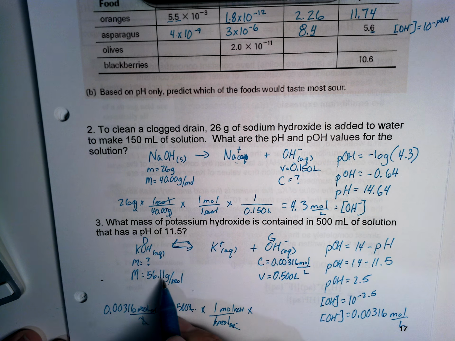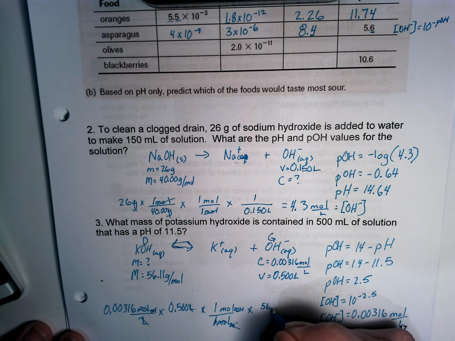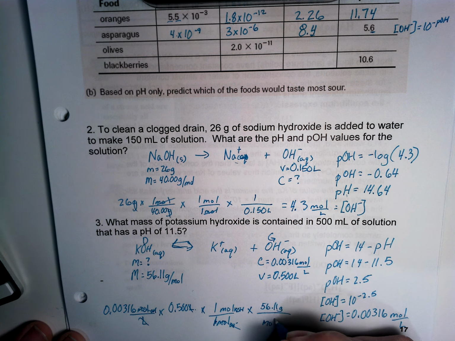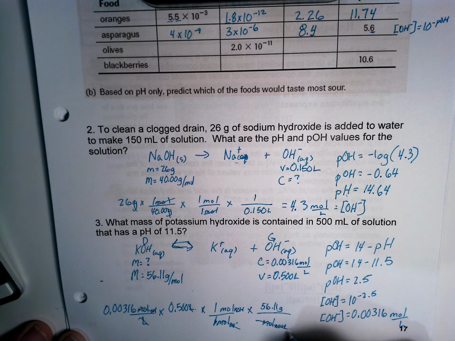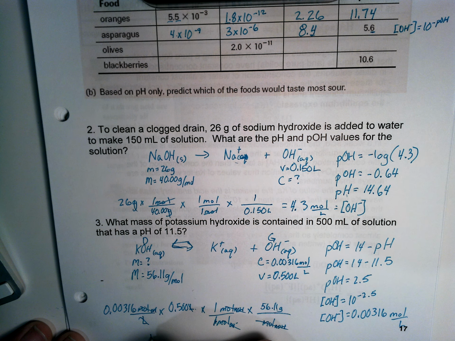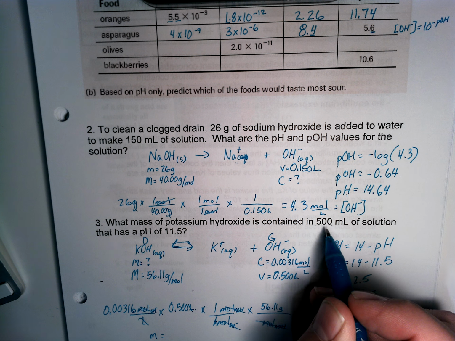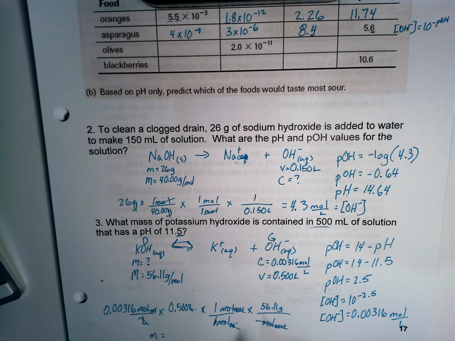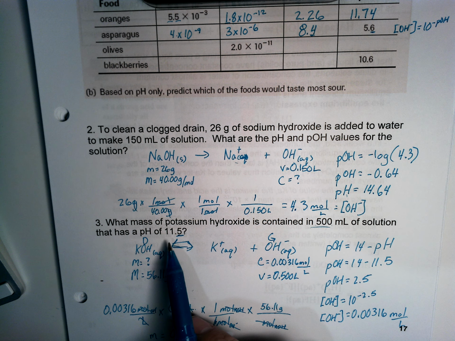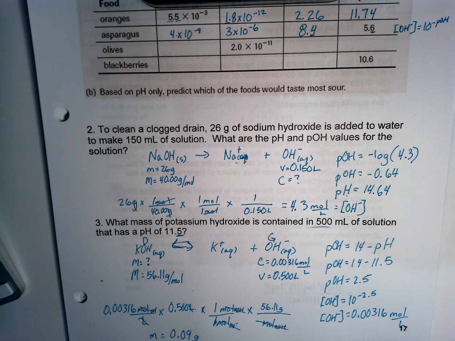Now I want grams, so I times by 56.11 grams over moles of KOH. Solve for this equation. For significant digits, this has 3 but the pH only has 1, so I round to 1: 0.09 grams. That's how much I'd have to add to make a pH of 11.5 in 500 milliliters of water.